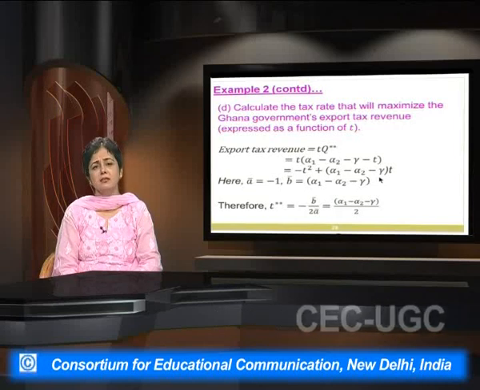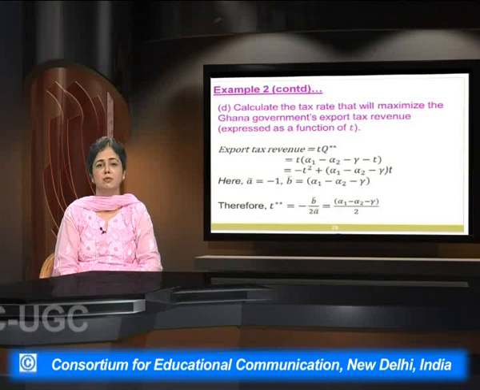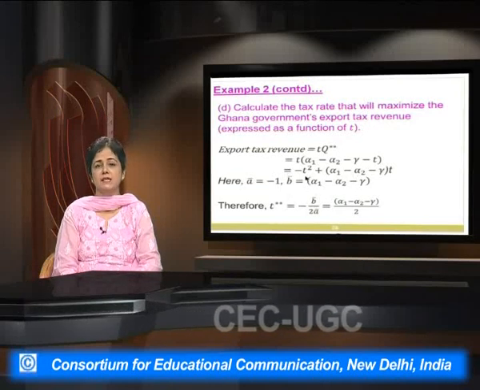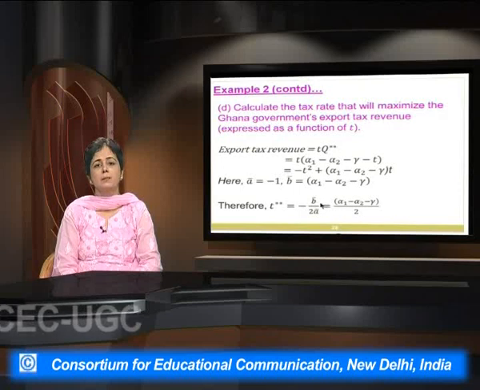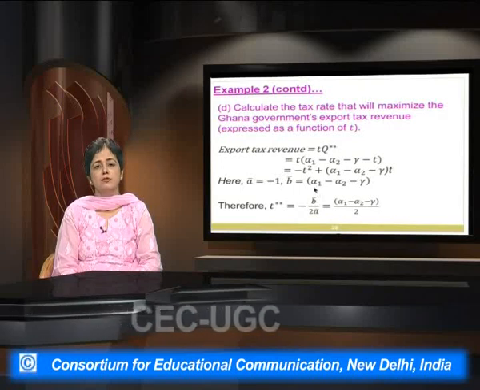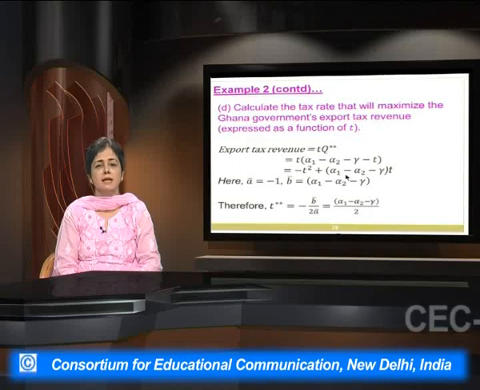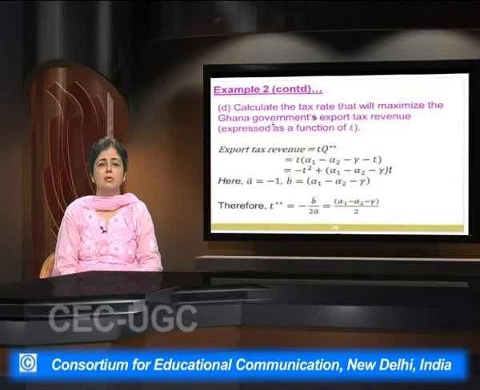Again, you can see here that your export tax revenue is a quadratic function of T, and it has a max because the coefficient of T square is negative. The max here would be at minus B bar, which is the coefficient of T, so alpha 1 minus alpha 2 minus gamma, divided by 2 times A bar.